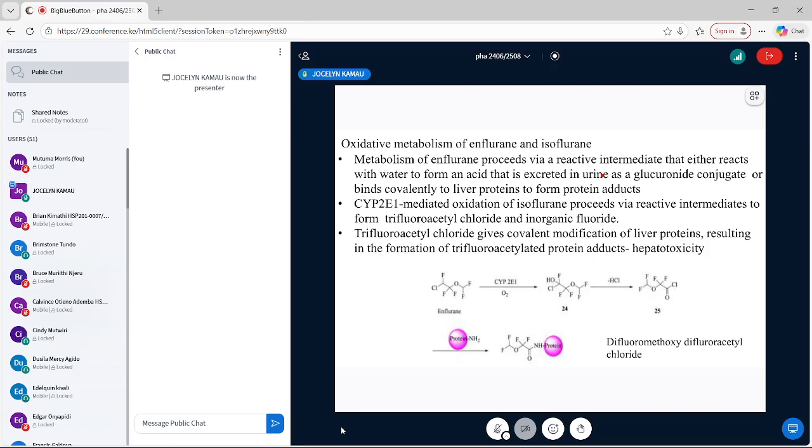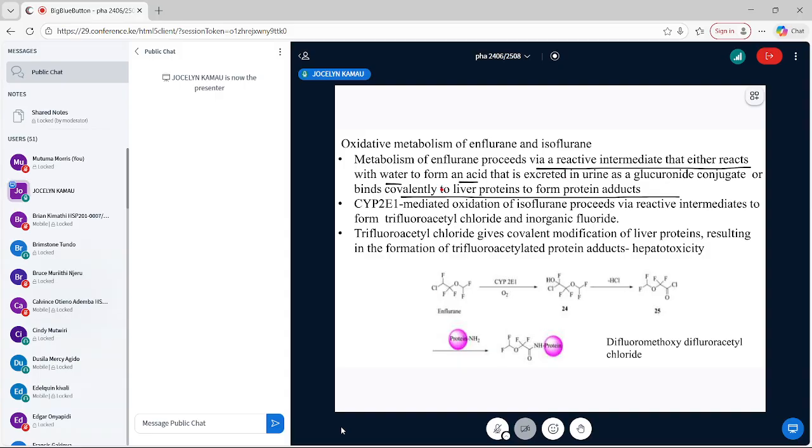Metabolism of enflurane proceeds again via a reactive intermediate that either reacts with water to form the acid, just like in halothane, that is excreted in urine as a glucuronide conjugate, or binds covalently to the liver proteins to form the protein adducts. If you have understood halothane, it is only that the product is different, because the structure of halothane and the structure of enflurane or isoflurane are different. And we said they will undergo different metabolic processes because they have a different structure.